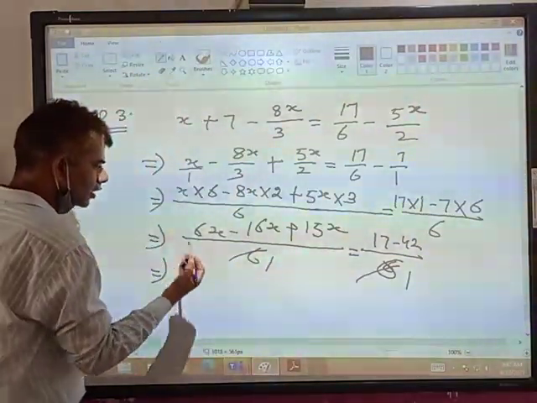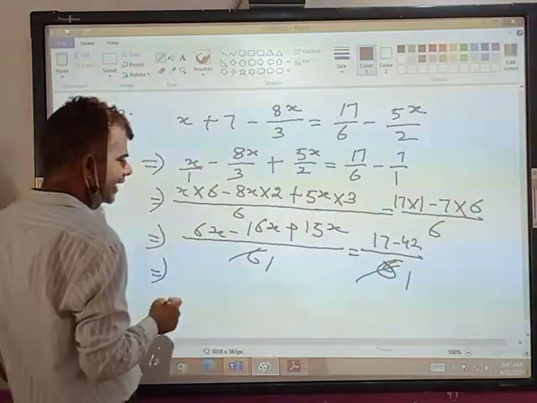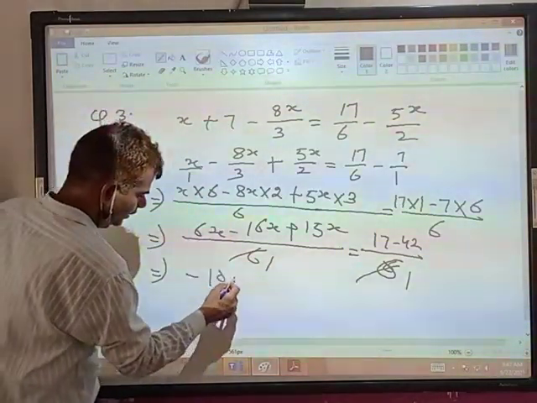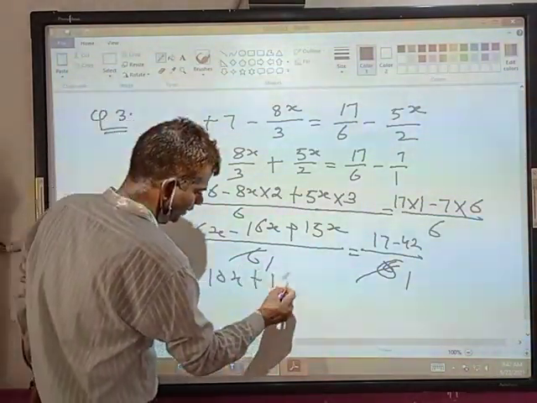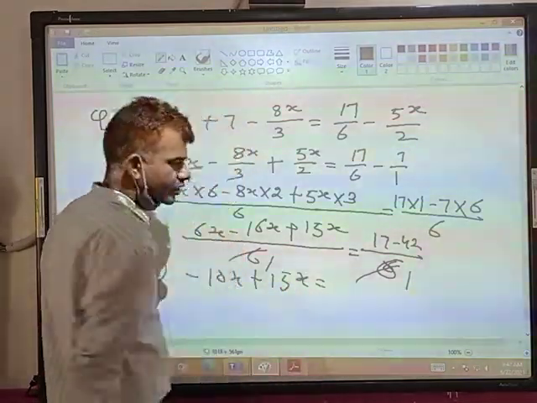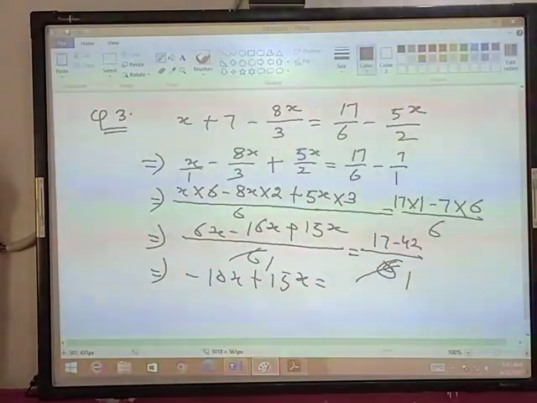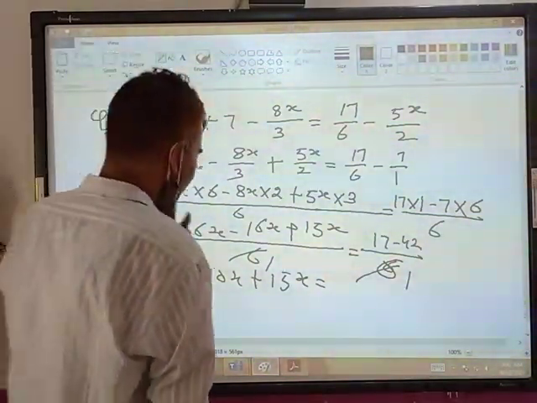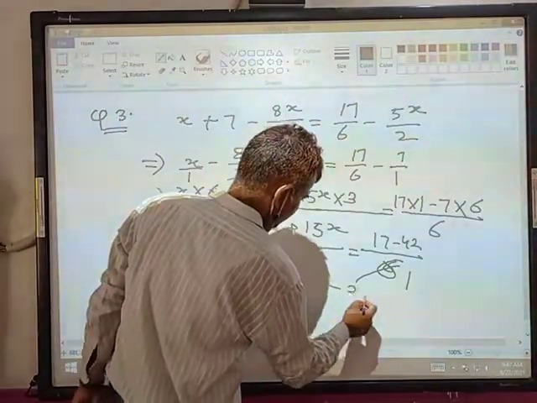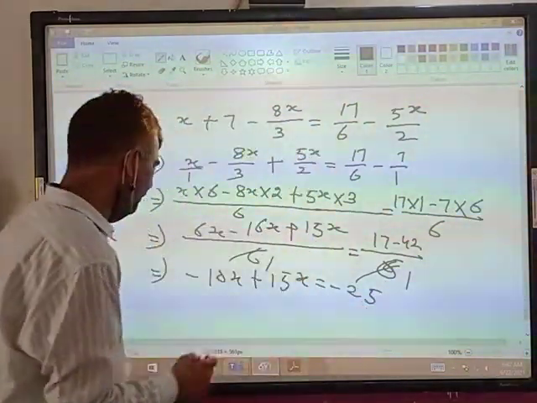Now student, 6x − 16x − 10x + 15x. That is 17 − 42, minus 25.